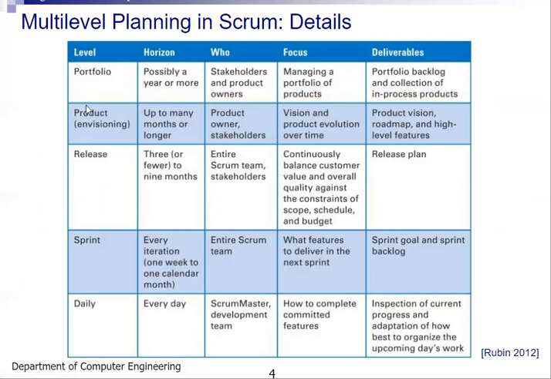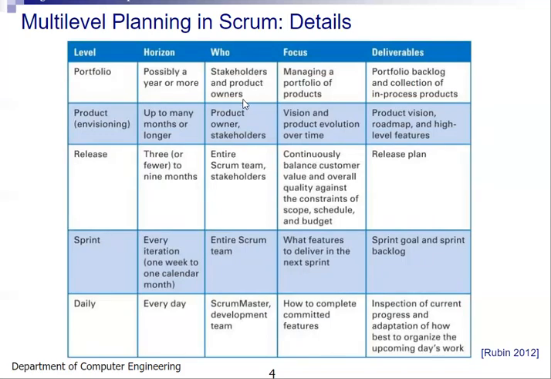So in short, you can imagine portfolio level, right? Horizon क्या है? Possibly a year or more. Okay, a portfolio planning the industry will do about once a year. Then who all are involved with that?